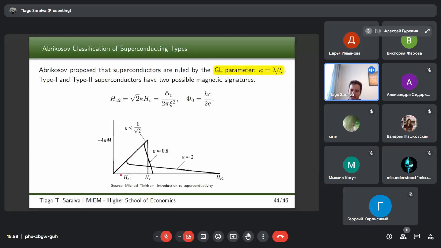So I control this H, and if this is a type 1 material, magnetization increases until a point where you reach the critical field, and then it drops down to 0. You just destroyed superconductivity because the magnetic field is strong. But if you have a type 2 material, when you apply the field, magnetization shields. This here is the Meissner phase.